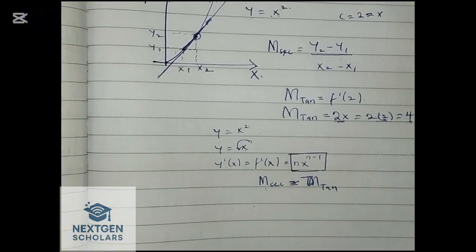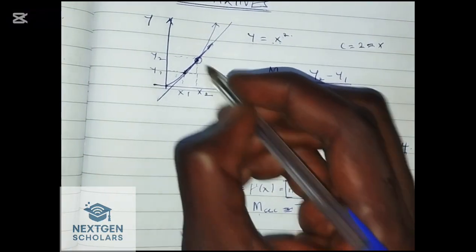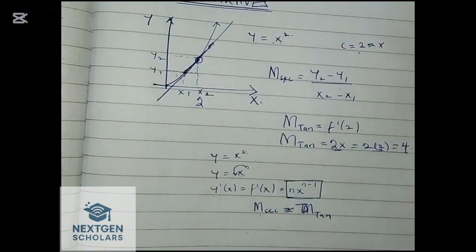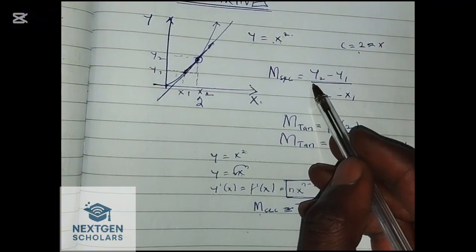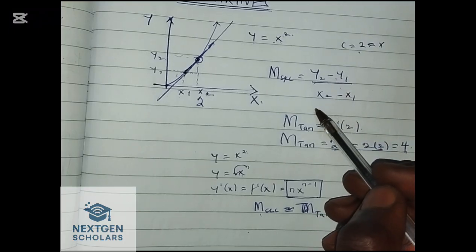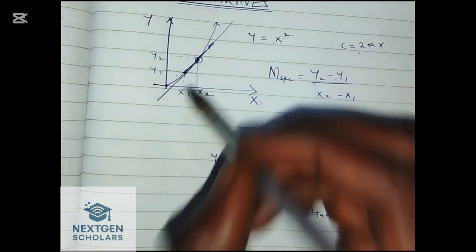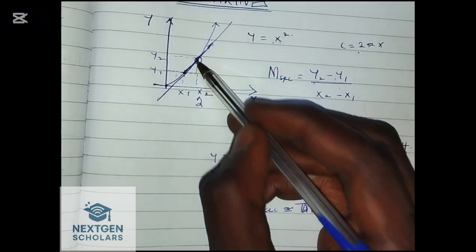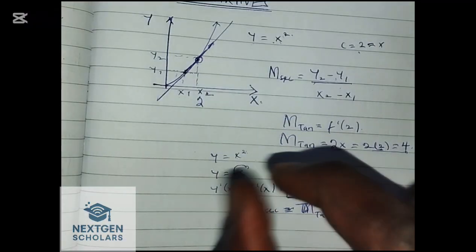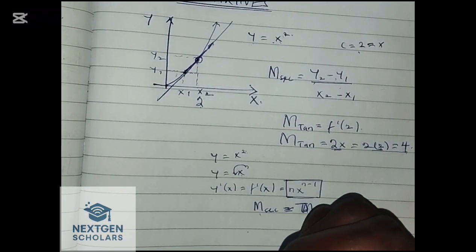Now let us see. We are assuming that this point here is where we have our point 2. Now to use your secant formula, which is y2 minus y1 all over x2 minus x1, all you have to do is pick 2 points so that the point you already have is in between those 2 points, and when you find the average of those 2 points, the result must give you 2.